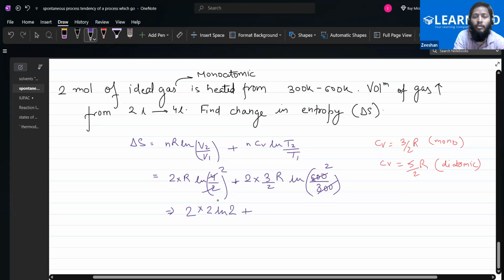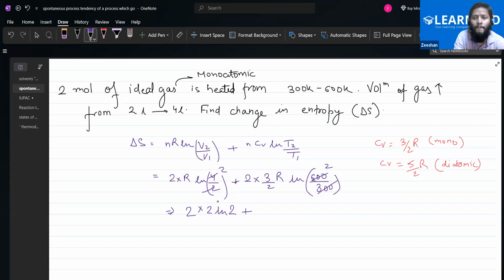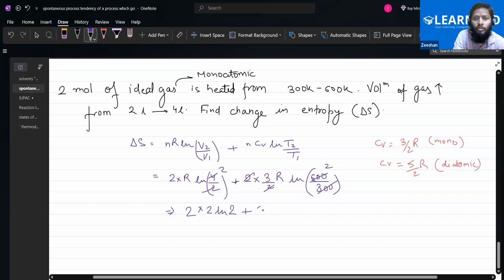In calorie, you know, the R value is 2. And in joule, 8.314, right? So 3 into 2 ln 2. So 4 ln 2 plus 6 ln 2, that is 10 ln 2, right? So calorie per Kelvin.